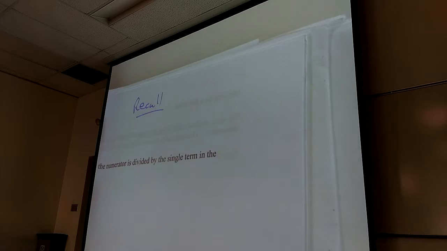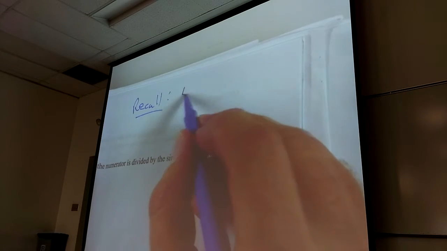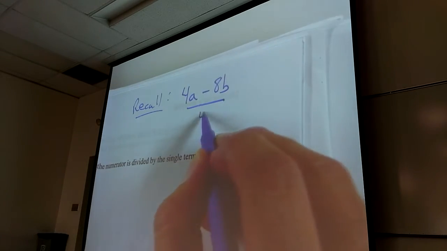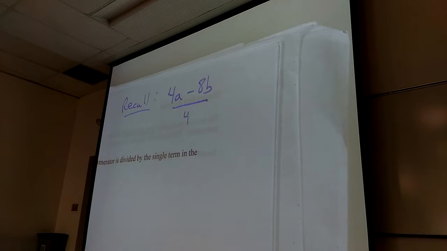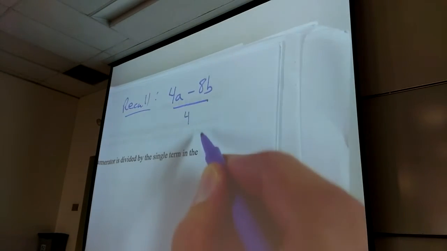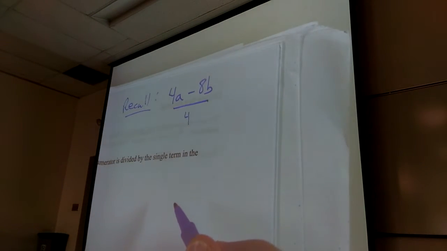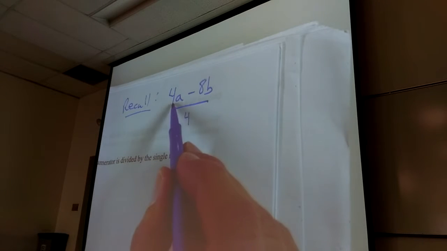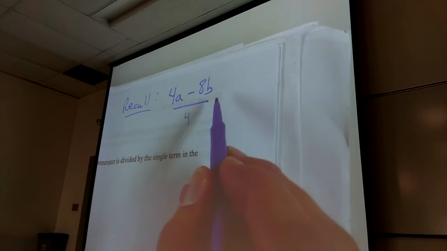Do a quick recall. How do you do this? You do not kill the 4's and make it a minus 8b. What's being divided by 4? 4a and 8b.